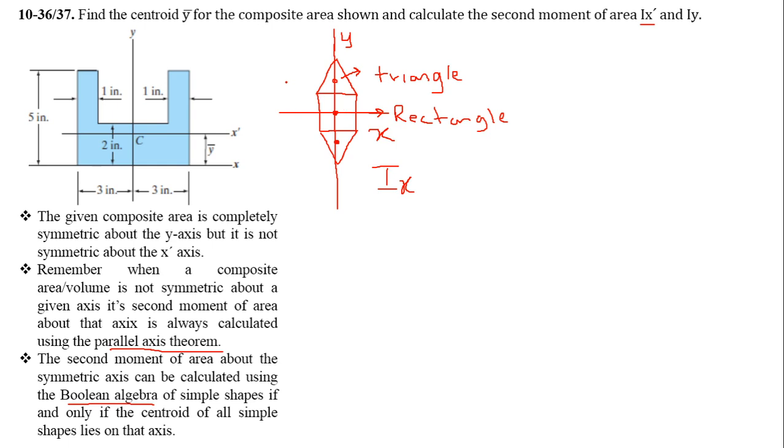They have what are called moment arms measured from the x-axis, and that is why we cannot use Boolean algebra to calculate Ix, even though the shape is completely symmetric about the x-axis.